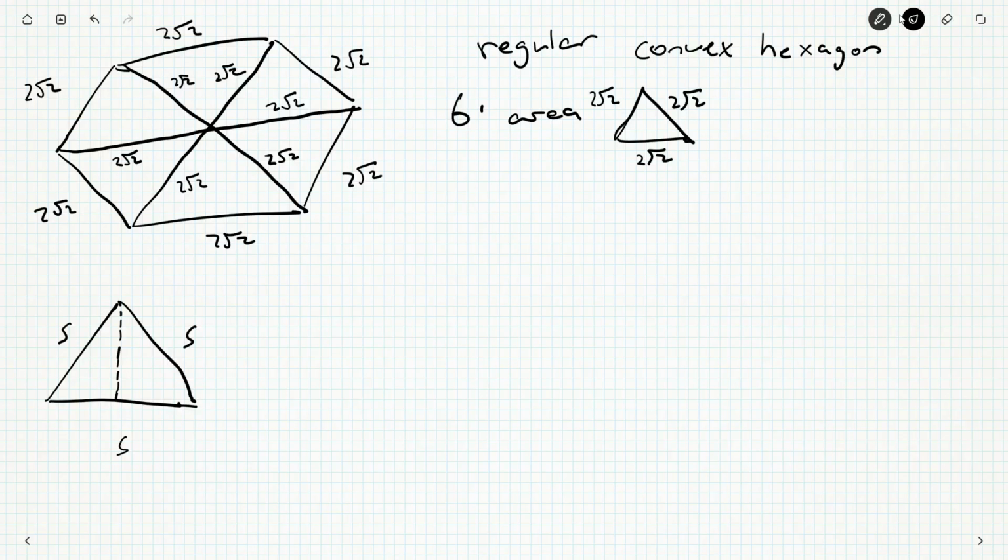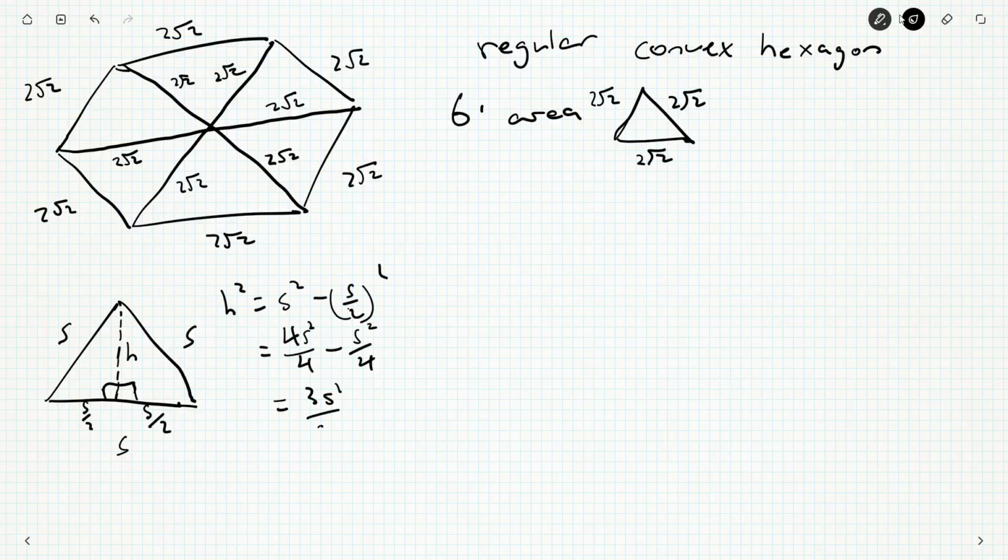So equilateral triangles are also isosceles triangles. So if I drop an altitude here, it splits the base in half. Now we have a right angle triangle. And so our height here, h squared is s squared minus (s over 2) squared. So that's going to be 4s squared over 4 minus s squared over 4, 3s squared over 4.